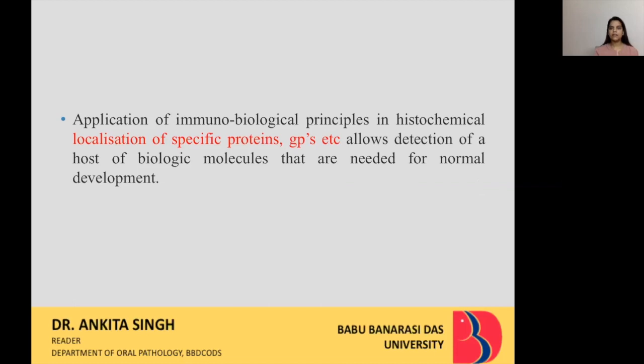So basically, there is localization of specific proteins and glycoproteins, etc. Application of immunobiological principles in histochemical localization of specific proteins and glycoproteins allows detection of a host of biologic molecules that are needed for normal development.